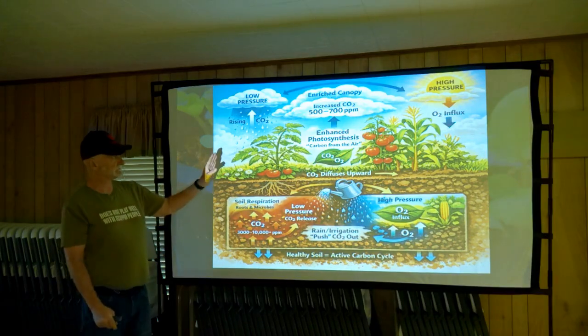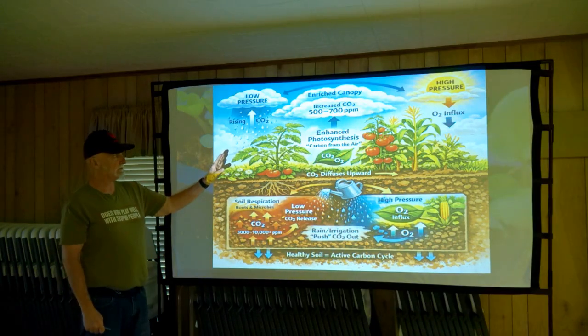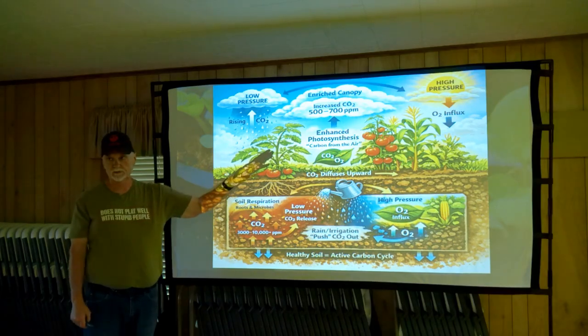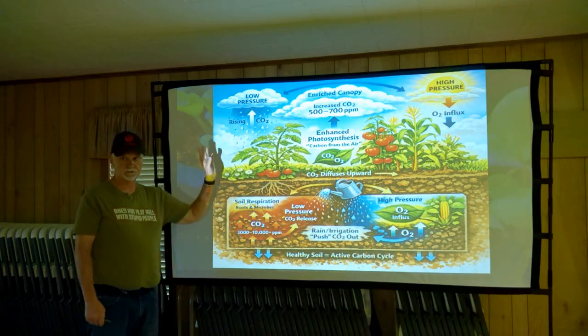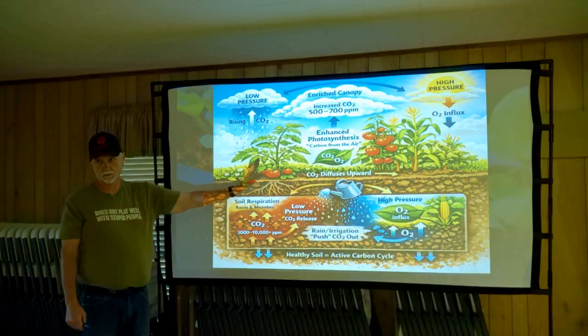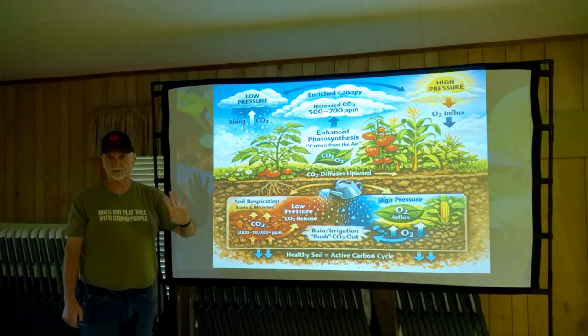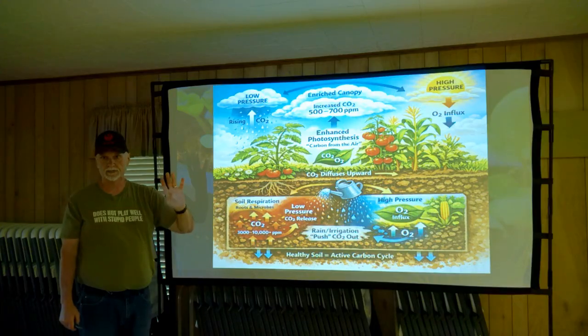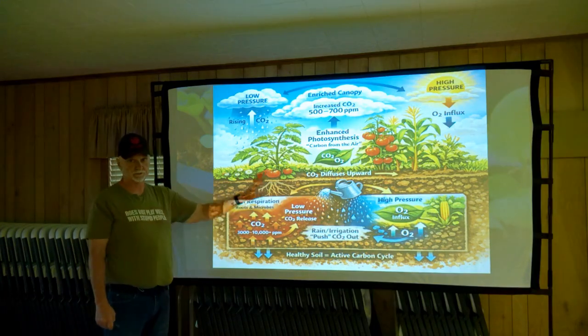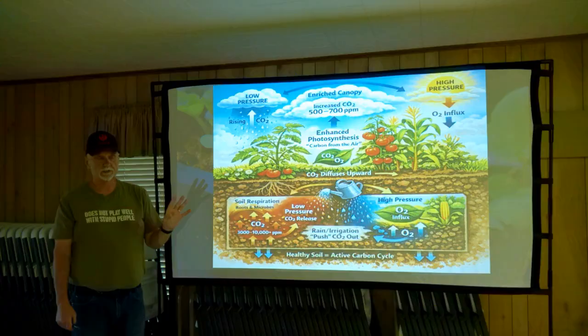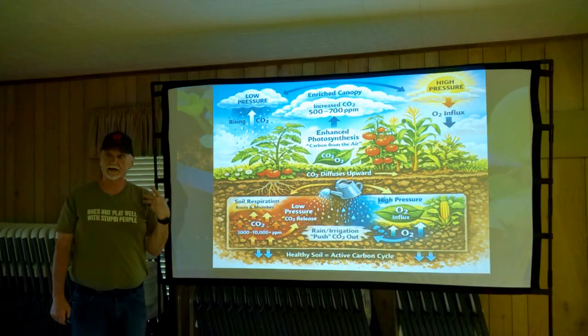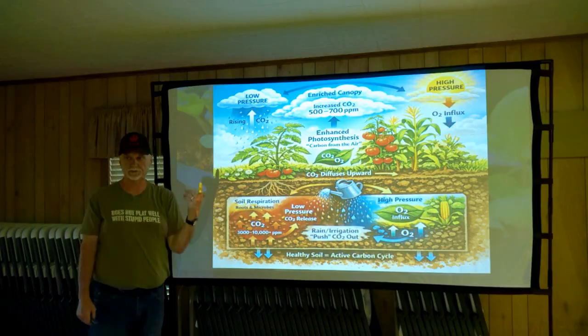My point is that you see how the natural changes in our atmosphere, from high to low pressure areas, affect the production of CO2 and the transportation of CO2 to the plants. If you take a step back from that, how do these pressure changes happen?